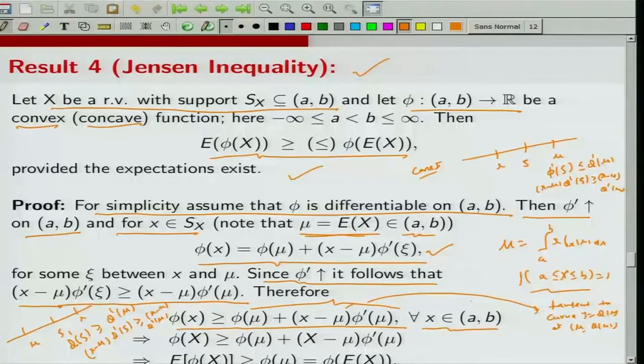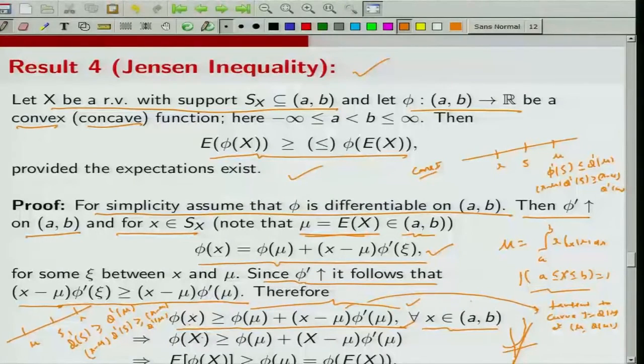So what it is saying, if you look at the curve, is that it is always above the tangent at any of its points. So the tangent would be here and the curve is always above this. That is what happens for a convex function. For concave, it would happen the other way. So phi x is always greater than or equal to phi mu plus (x minus mu) phi prime mu.